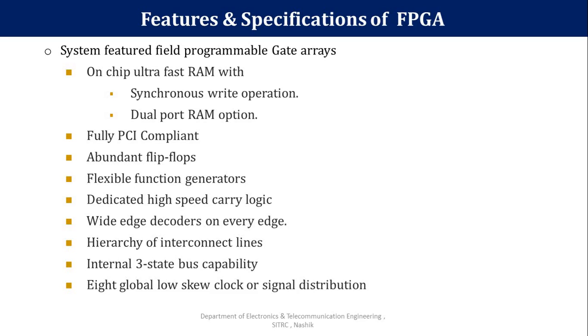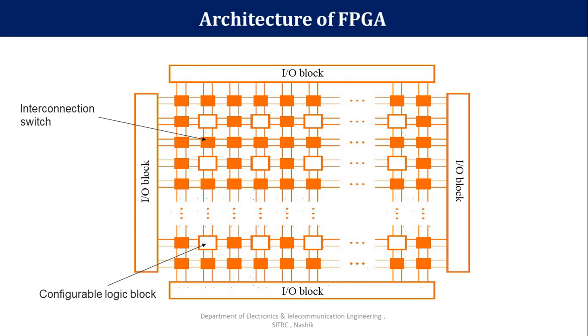They have abundant flip-flops, thousands of them, flexible function generators, and dedicated high-speed carry logic. They have wide edge decoders on every edge and a hierarchy of interconnect lines. They have internal 3-state bus capability and 8 global low skew clock or signal distribution. This is about the features and specifications of the general FPGA device.